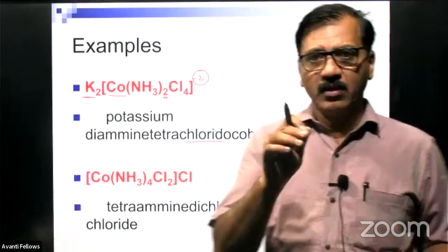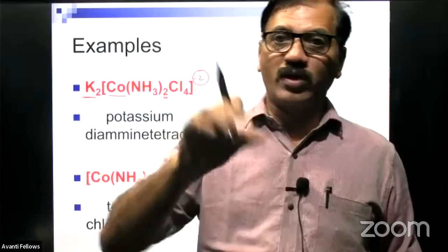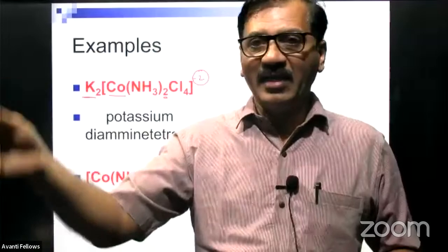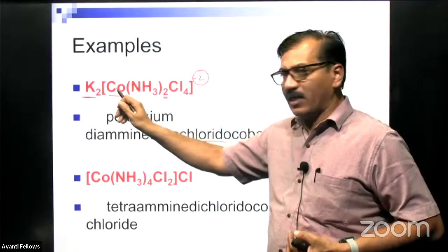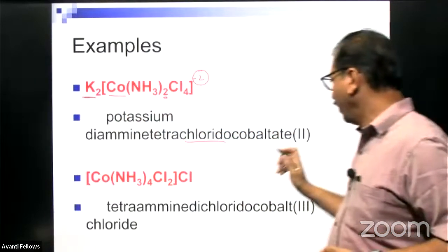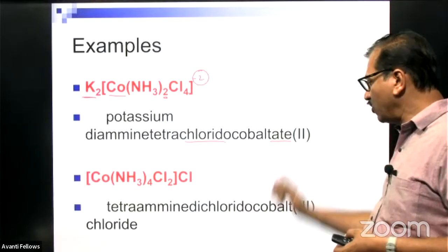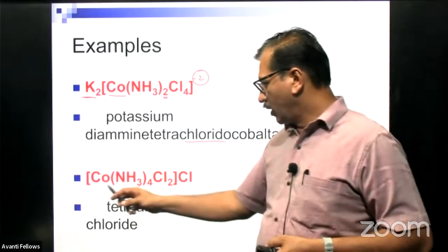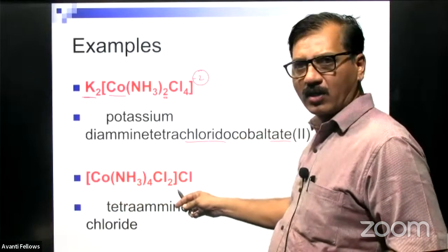As we say sodium chloride and potassium bromide, where IDE is the suffix, in the same way here the metal atom comes at the end of the complex entity's name, ending with ate, followed by the oxidation state in parentheses.